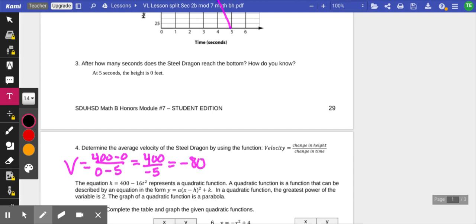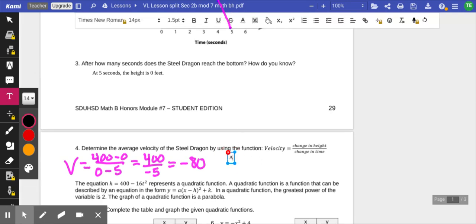Okay, so the roller coaster drops at a velocity of 80 feet per second. So we would type that in. It's a drop of 80 feet per second. Now when you're in the roller coaster and the wind's hitting your face, that is pretty fast.